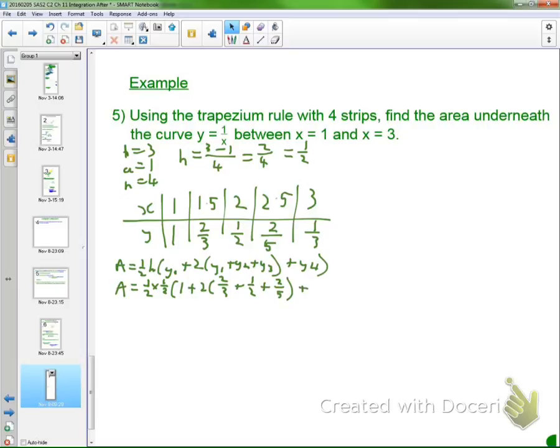Our y4 is of course then 1/3. We then want to plug this into our calculator. So we get a equals 1 over 4 times 1 plus what comes out as 47 over 15 plus 1/3. This then becomes 67 over 60.